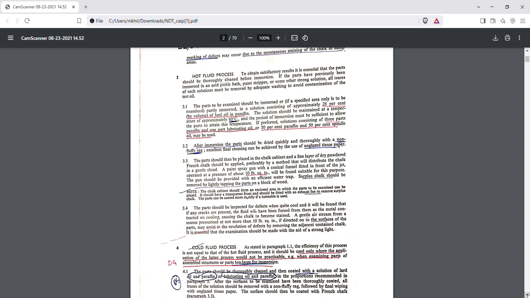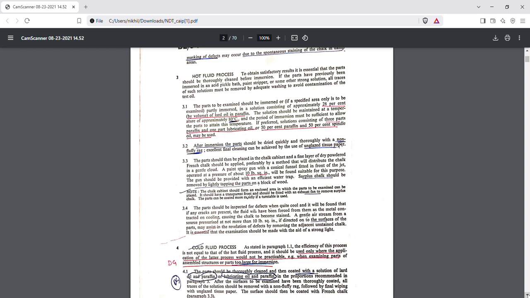A gentle air stream from a source pressurized at not more than 10 lbs per square inch, directed on the surface of the part, may assist in the revelation of defects by removing the adjacent untreated chalk.